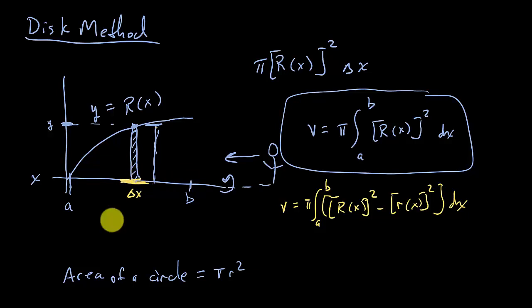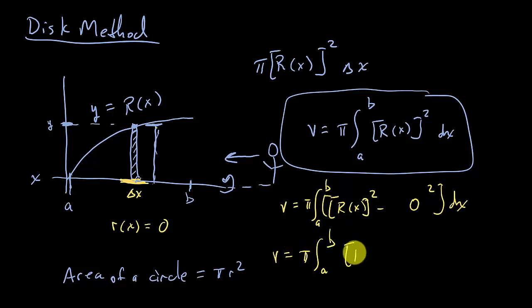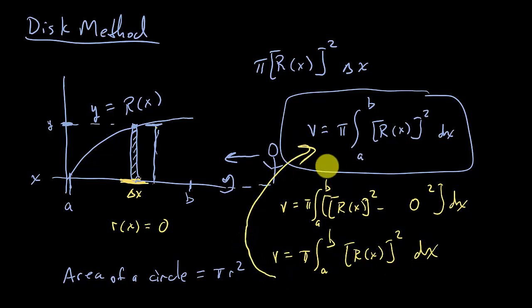That would be little r of x, which is 0. So this would be 0 squared, and the volume would be pi integral from a to b of big R of x squared dx. You can see that's exactly what you have right there.